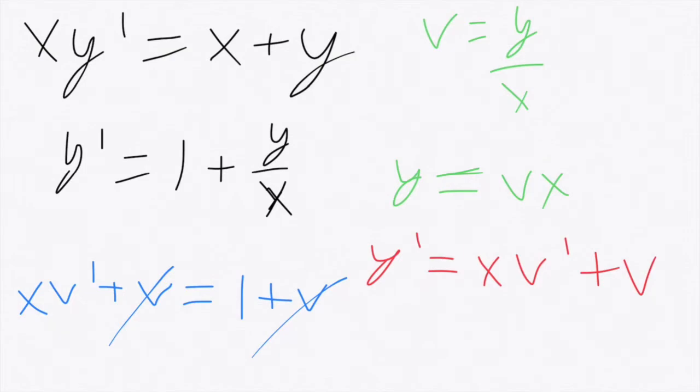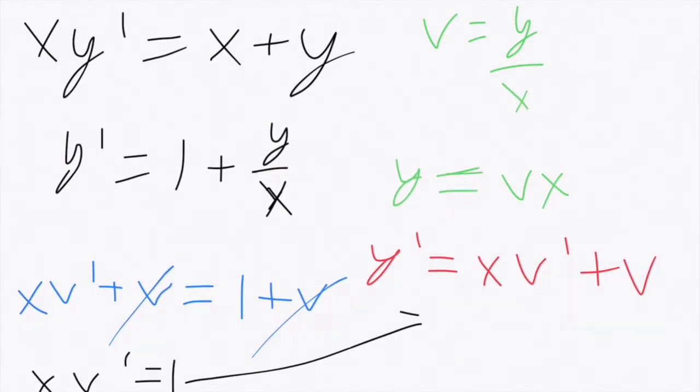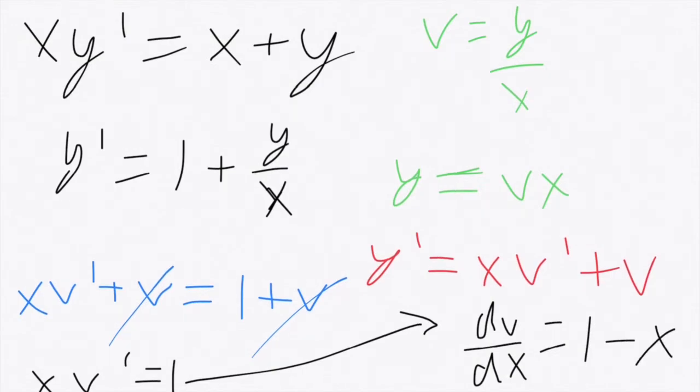So over here we're going to have x v prime equals 1. Bringing that over here, we're going to get dv/dx is equal to 1 over x, my bad. And now what we have to do here is apply separation of variables and just integrate.